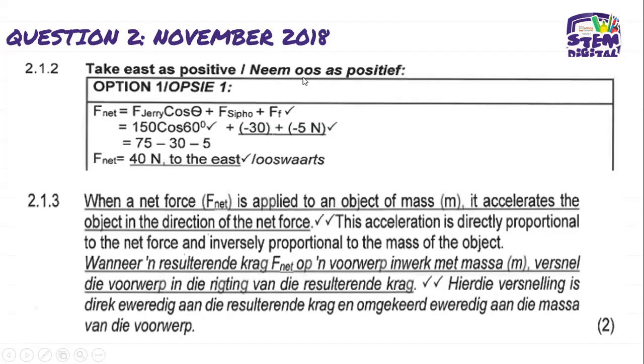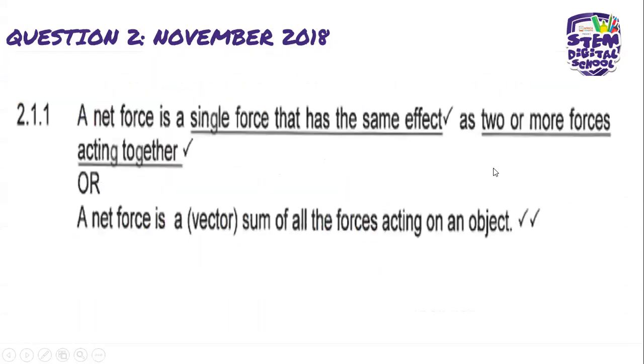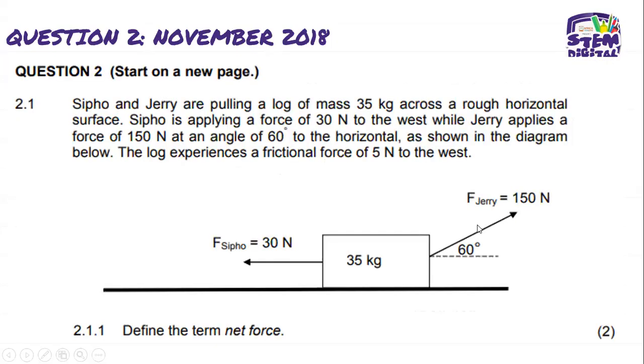Now, to calculate the horizontal component of Jerry's force, we use the formula that we normally use. We all know, hopefully, that the horizontal component of this force is given by F cos theta. So if I just want the horizontal component, it will be the force applied multiplied by the cos of theta.